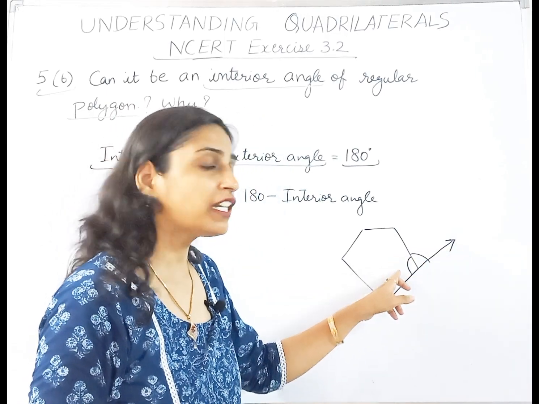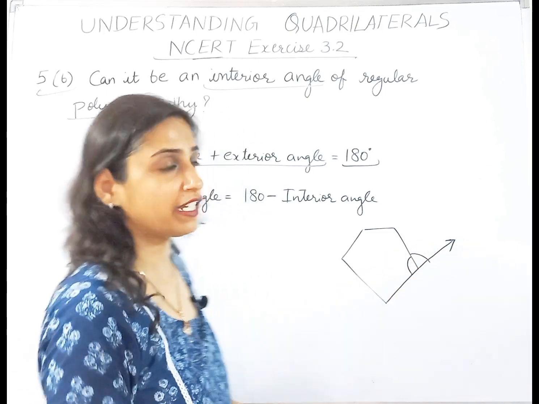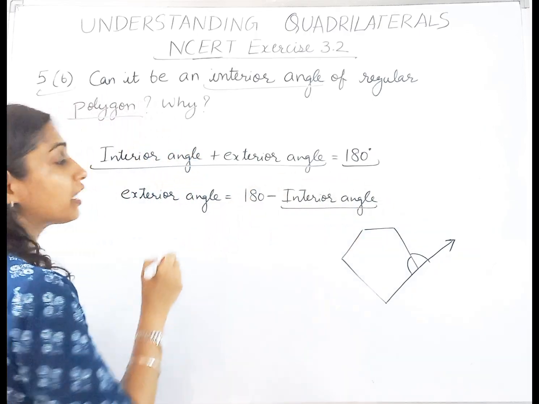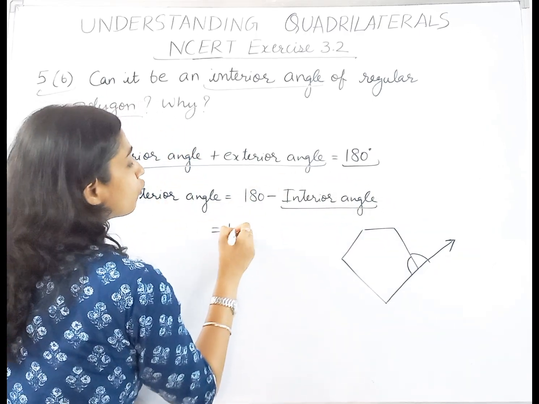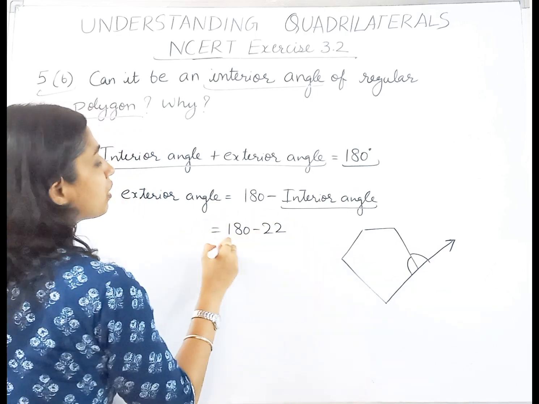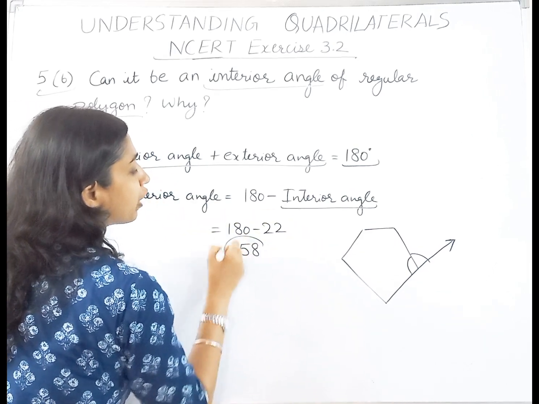So now if the interior angle is 22 degrees, then the exterior angle becomes equal to 180 minus the interior angle. That means the value of the exterior angle comes out to be 158.